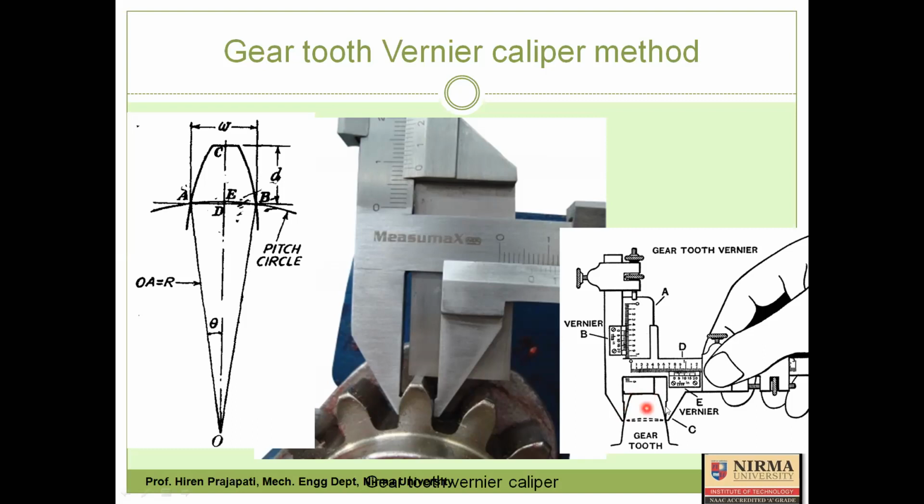Then, if you close vernier E, the two jaws of vernier E make contact with the involutes exactly at points A and B. The gear tooth vernier caliper has that capability because it has two scales: one scale is used to set depth D, and at that depth, if you close the horizontal jaws of the second vernier E, they make contact exactly at points A and B on the pitch circle, and then you measure ADB.